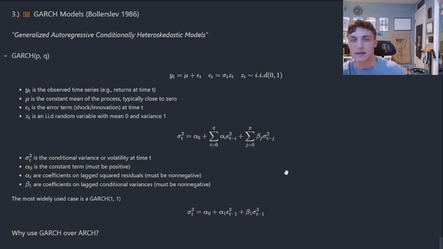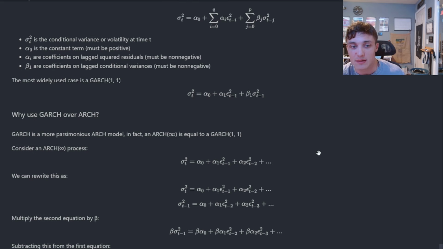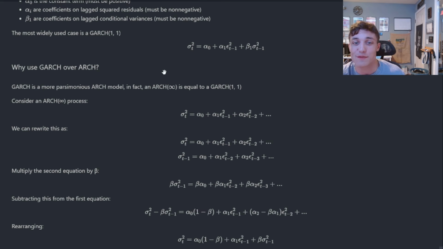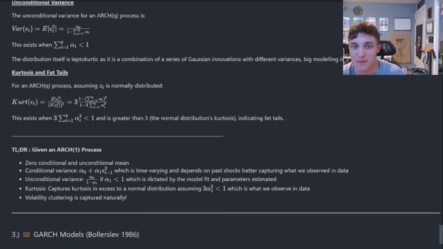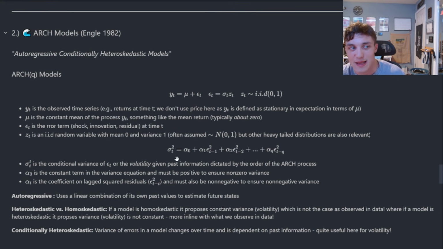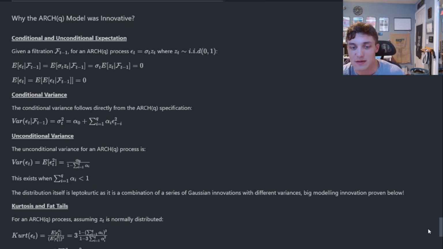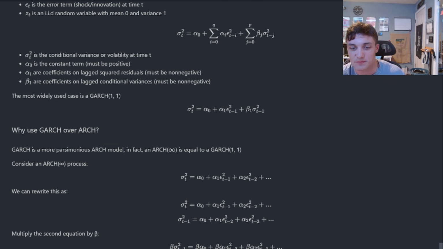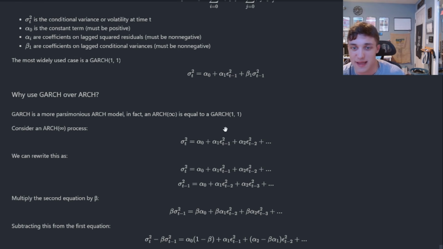Why is this better? Well, mathematically, we can show that an ARCH infinity model, that is, if I go back up here and I look at my ARCH model specification and I include infinitely many terms, that is equivalent to a GARCH(1,1).